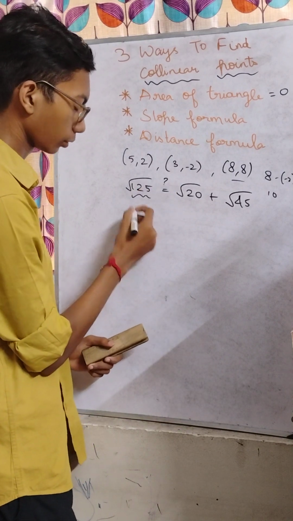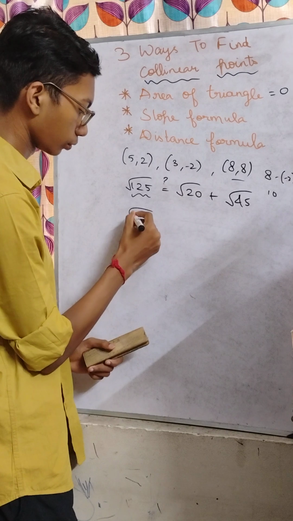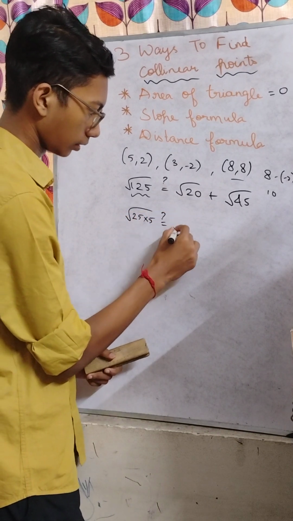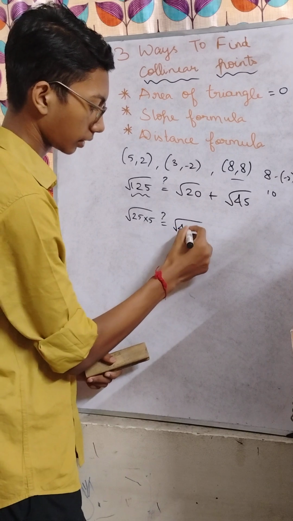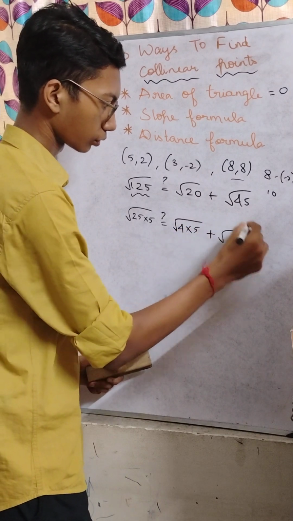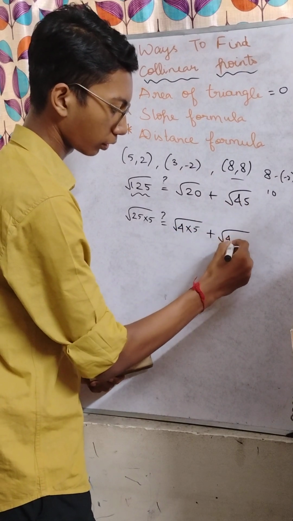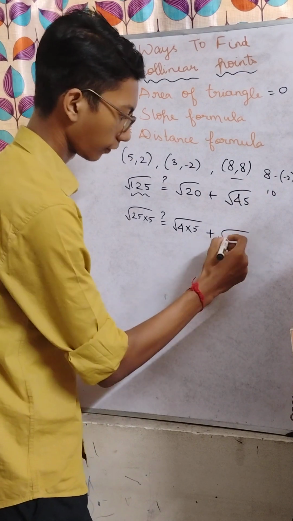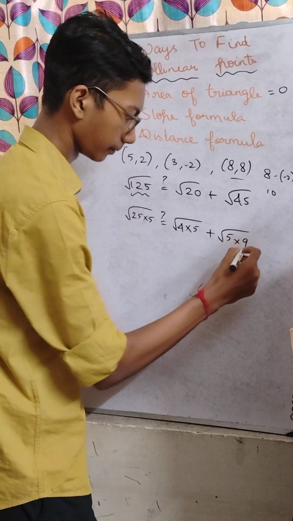Root 125 is root 25 times 5. Root 20 is root 4 times 5 plus root, here it is 5 times 9.